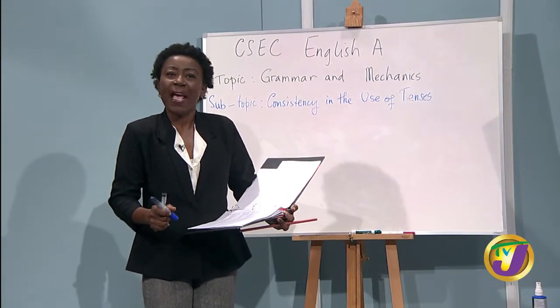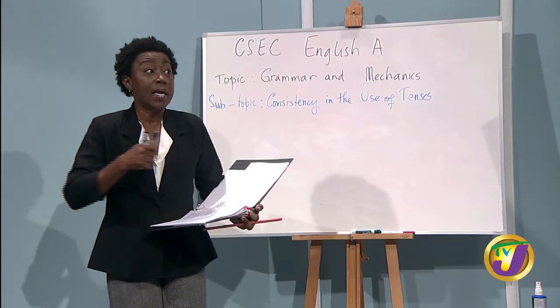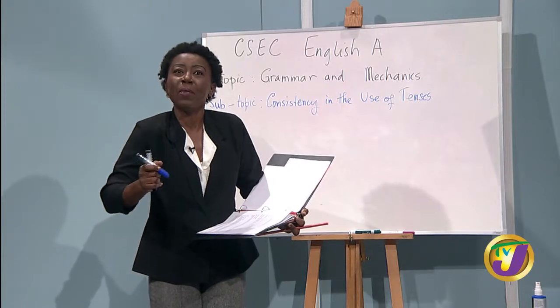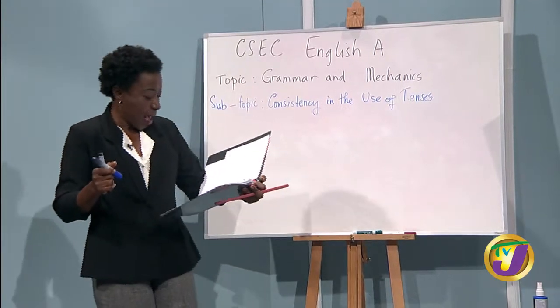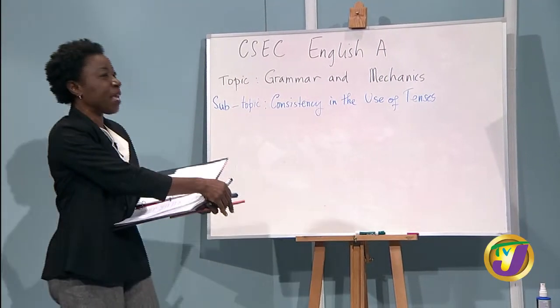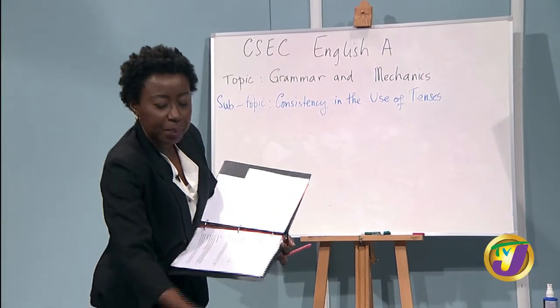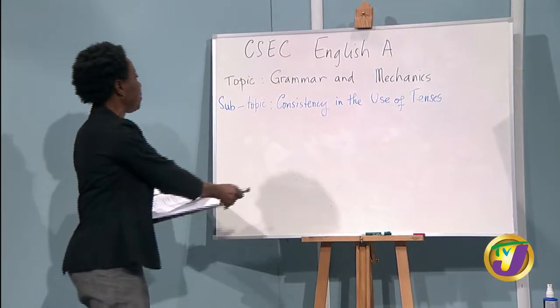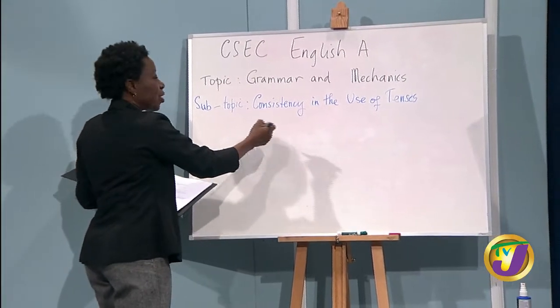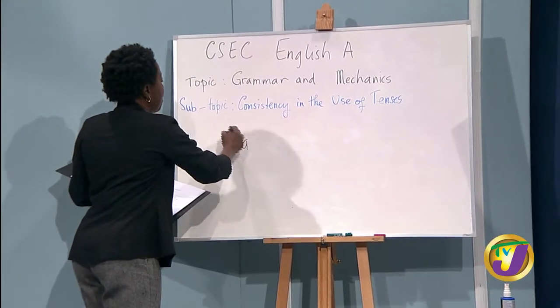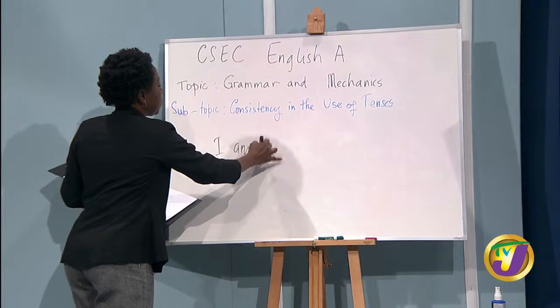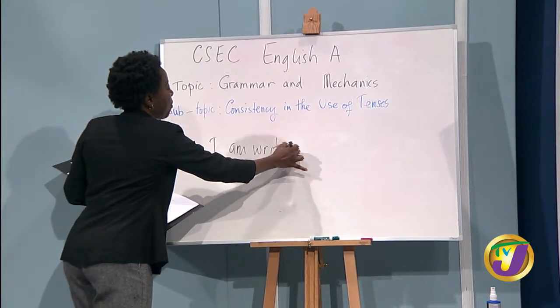So he would not say, I write this letter. He's just at the first sentence. I am writing. So he should say, I am writing. All right then, so let me write that on the board. I am writing. So that's the first correction.